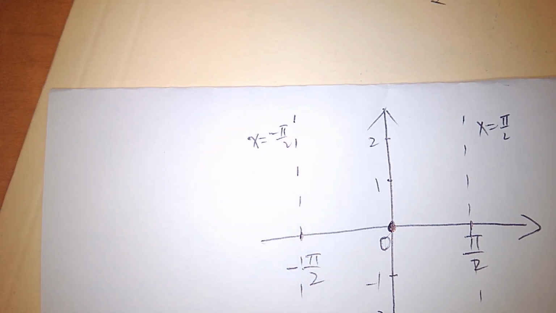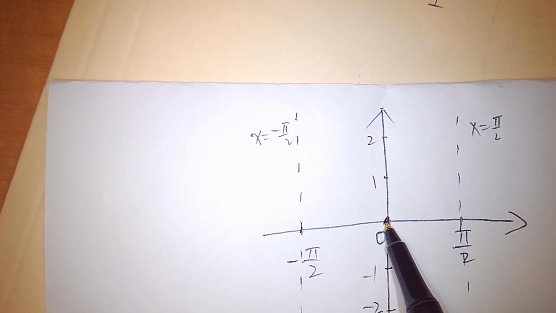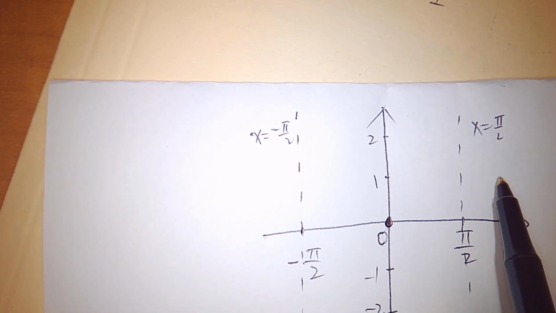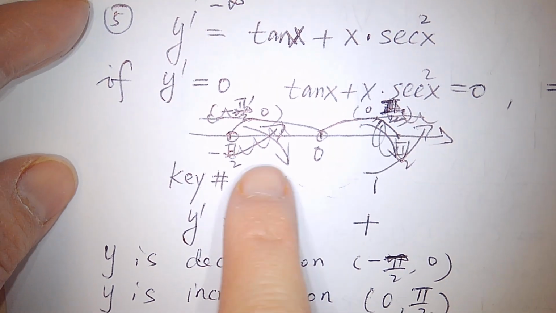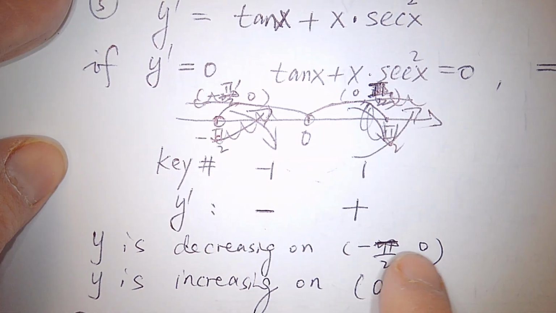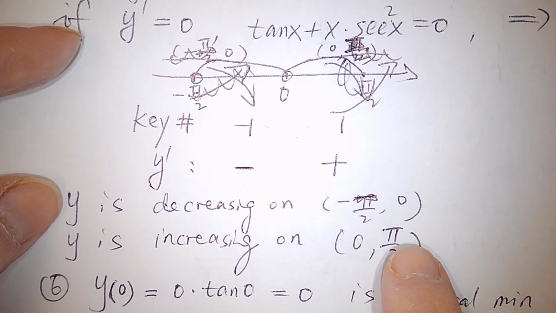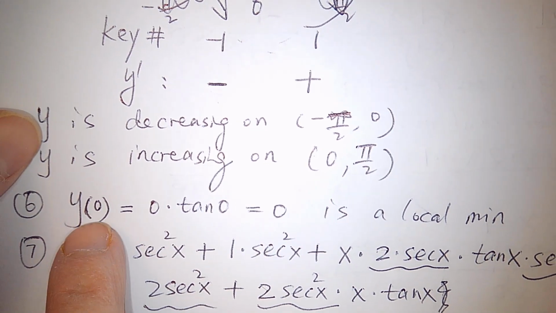And then the graph will pass through this point and be symmetric with respect to the y-axis. Oh no! Step 5 tells us, from negative pi over 2 to 0, the graph is decreasing. From 0 to pi over 2, the graph is increasing, and has a local minimum at the origin.